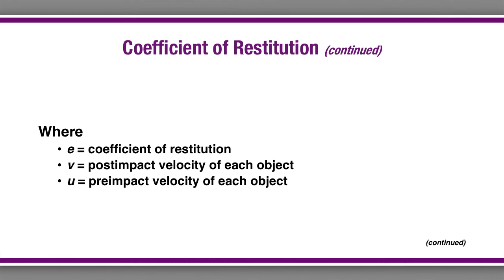Coefficient of restitution is mathematically expressed as E is equal to V1 minus V2 over U1 minus U2, where E is the coefficient of restitution, V is the post-impact velocity, and U is the pre-impact velocity.